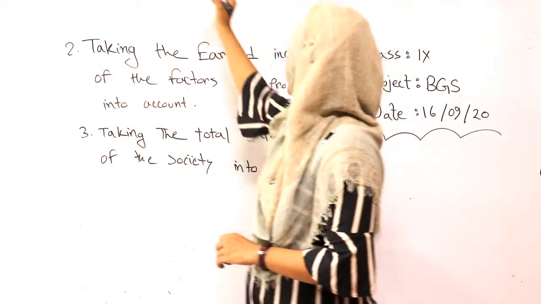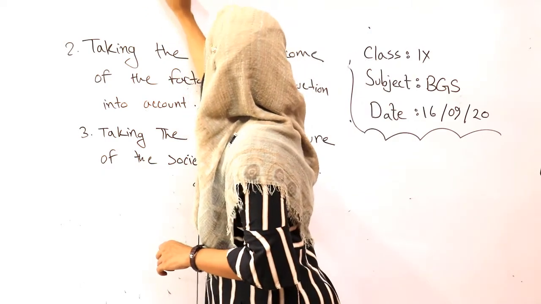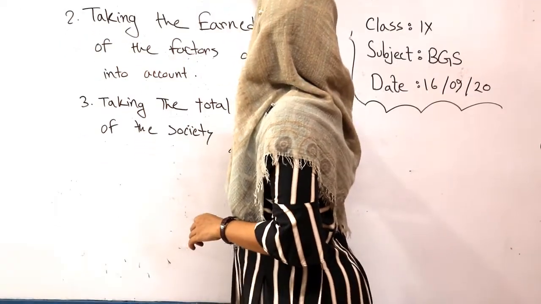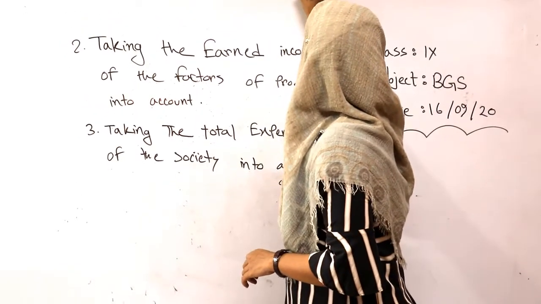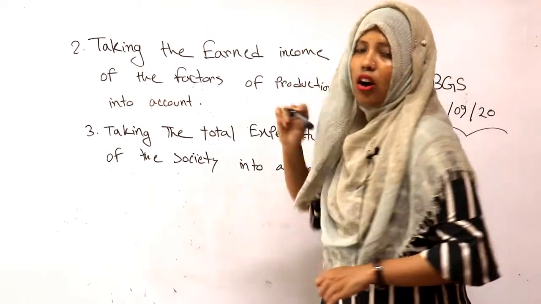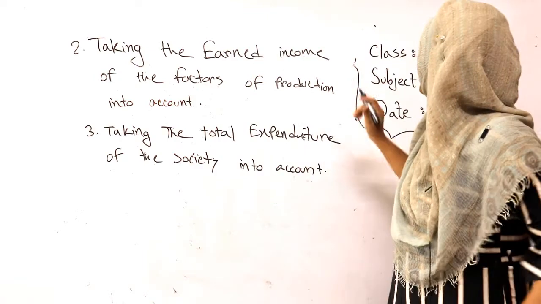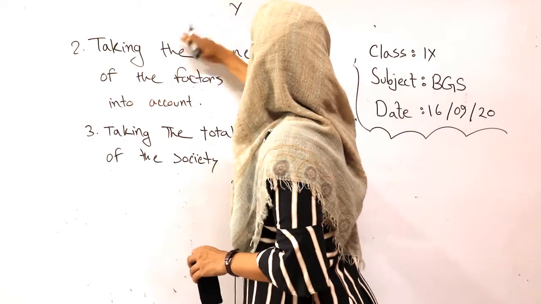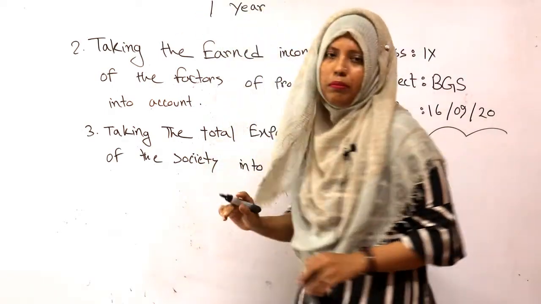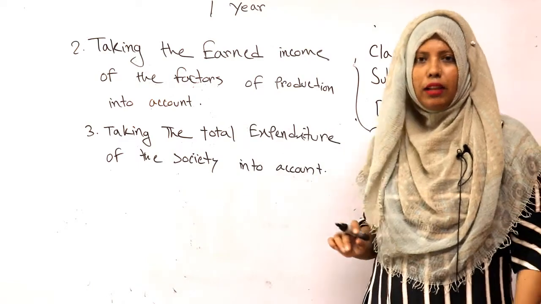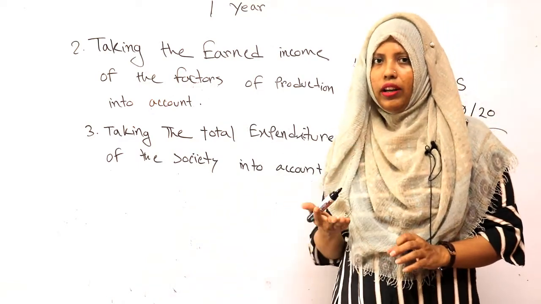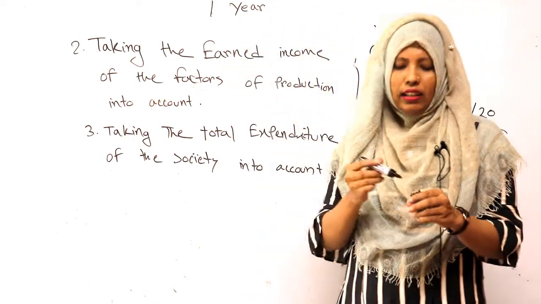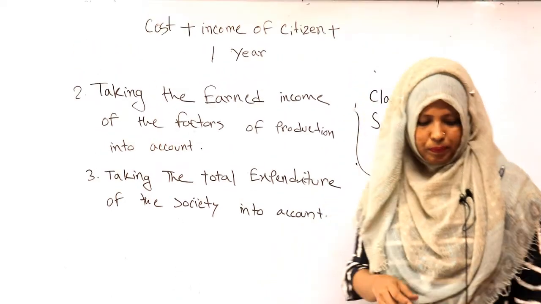At first is the cost and the income of citizens, and obviously the time within 1 year. When we measure GNP, we always focus on the cost, the income of citizens, and the time. Time is 1 year.